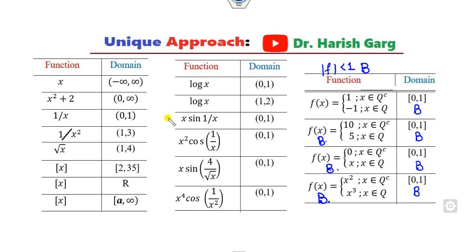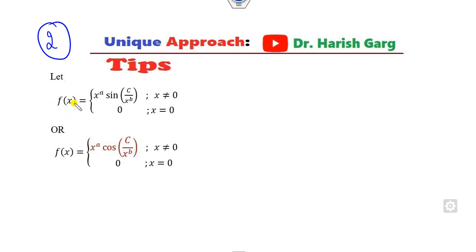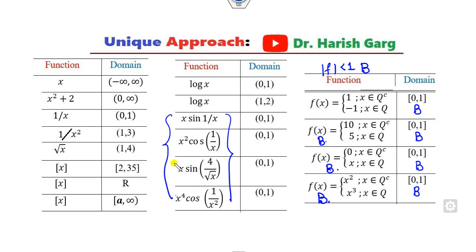Whenever you are working on the sine and cosine terms, that is, any function of the form x raised to power a sine(c x raised to power b), or you can replace it by cos, like this.